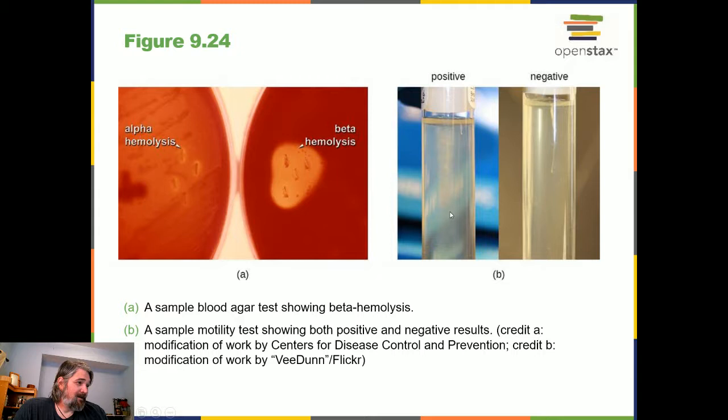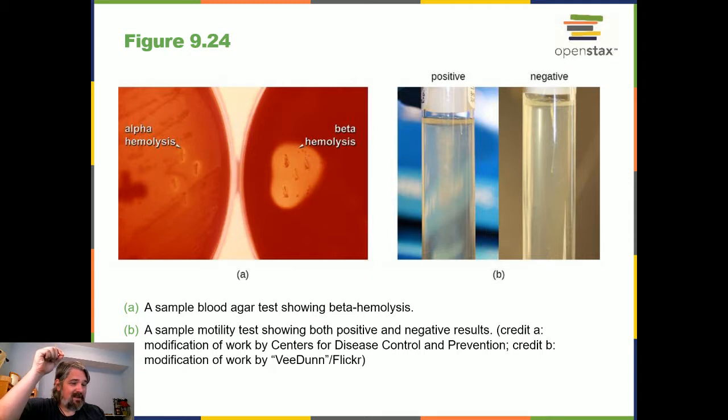Okay, so here is a motility test. It's positive versus a negative, and I don't like that the background on that negative test is not great. But this is a motility agar, so this isn't liquid. It's pretty low concentration, like an agar type substance. When you inoculate these, you do a stab with an inoculating needle directly into the center.